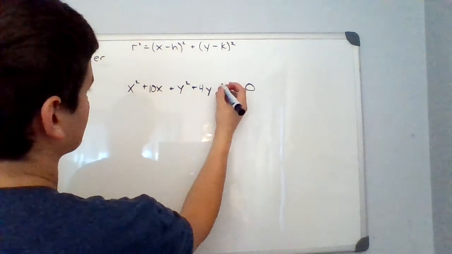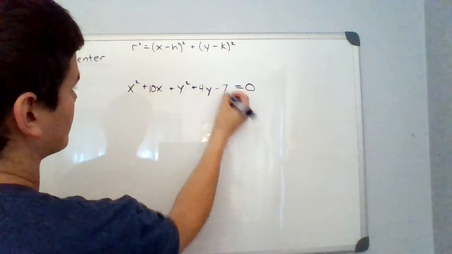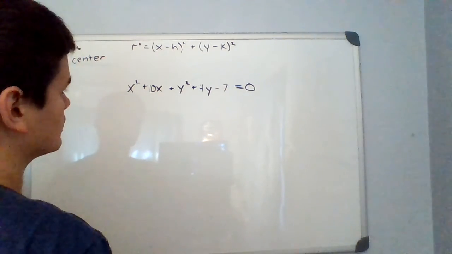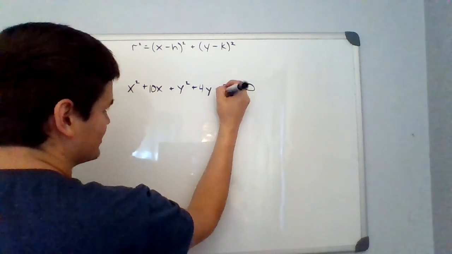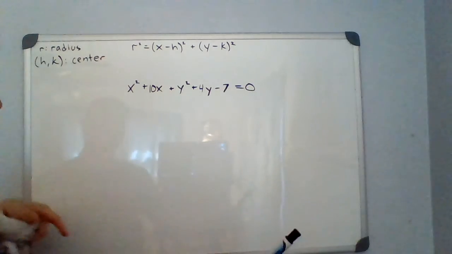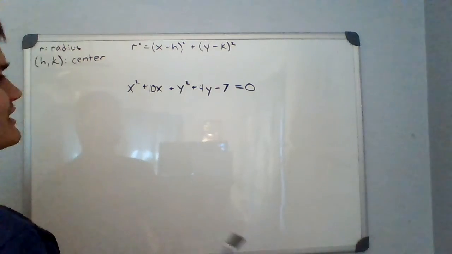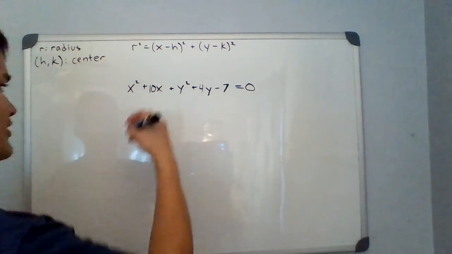And then I'll just say minus 7. See, it matters what I choose these numbers to be because it'll change what the radius is. And I want a radius that's a whole number, just to make it easier.